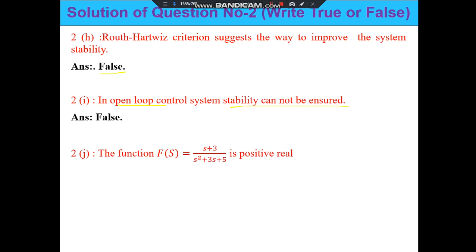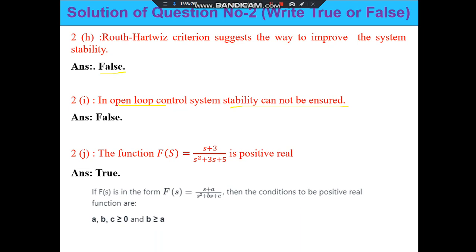The transfer function of s plus 3 is positive real. This statement is true. If F(s) is (s plus a) divided by (s square plus bs plus c), then the conditions to be a positive real function are a, b, c greater than or equal to 0.